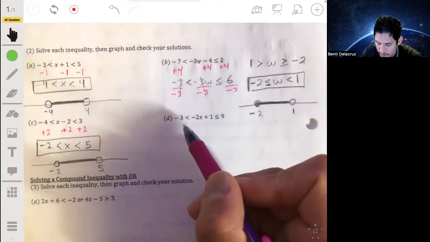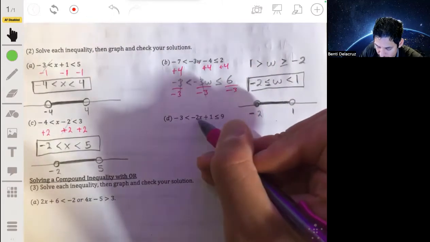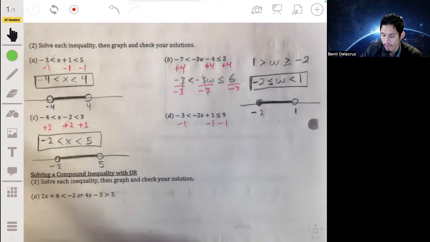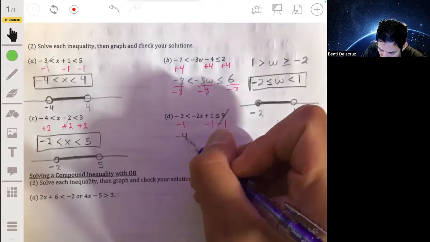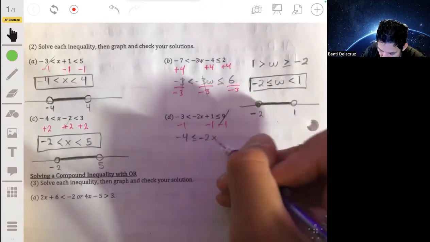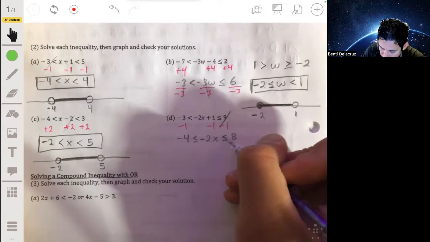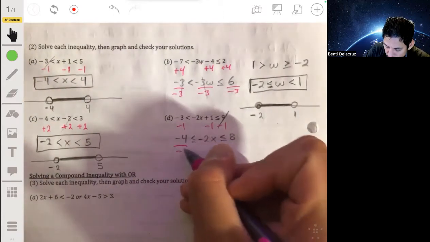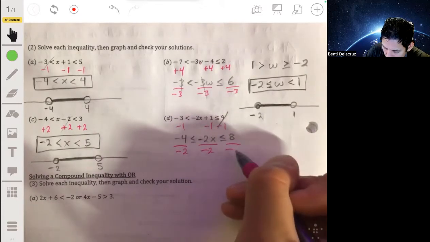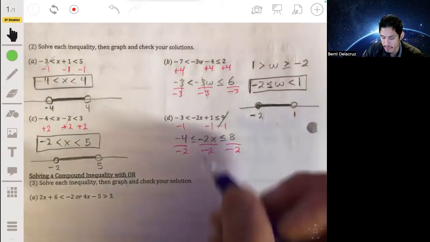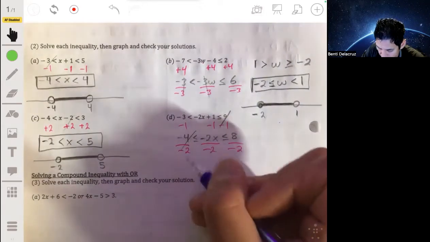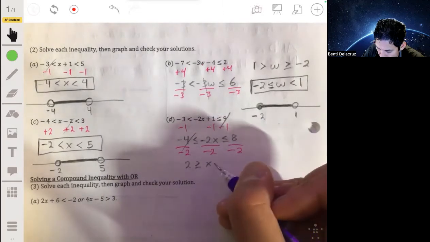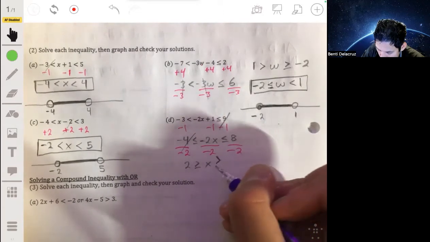And let's do one more for D. Again, we want to keep the x in the middle. So we start off by taking away 1 from each part. Again, -4 is less than or equal to -2x, which is less than or equal to 8. Now we divide every term by -2. But let's remember, we got to reverse the inequality symbol. So we're going to have 2 is more than or equal to x, and x is more than or equal to -4.